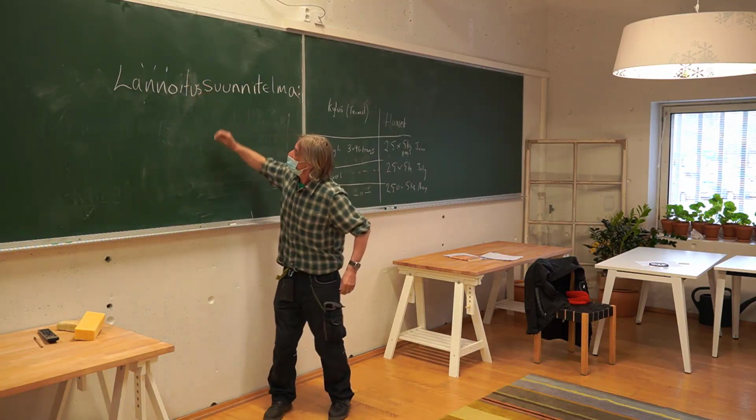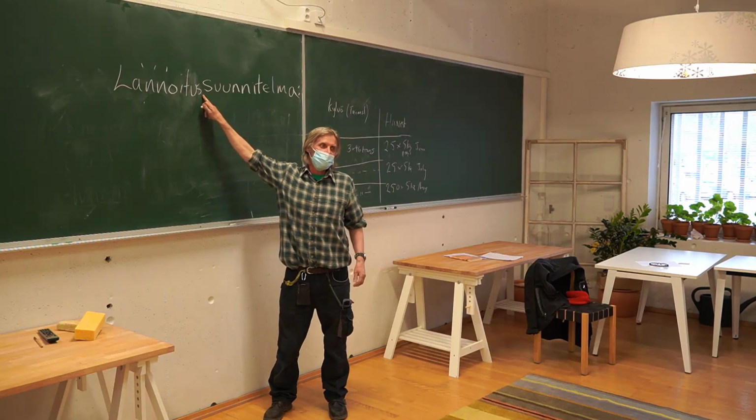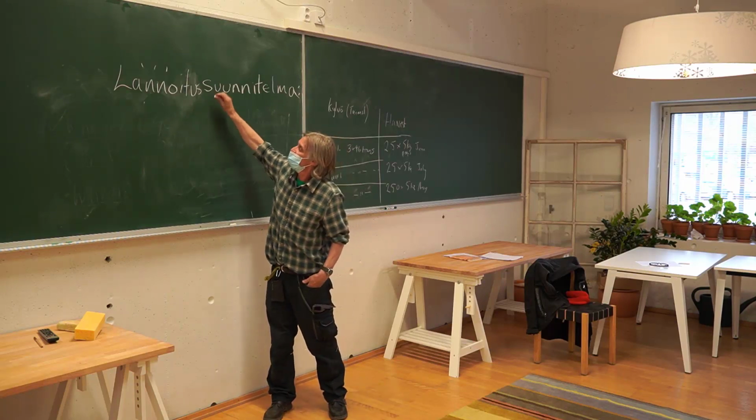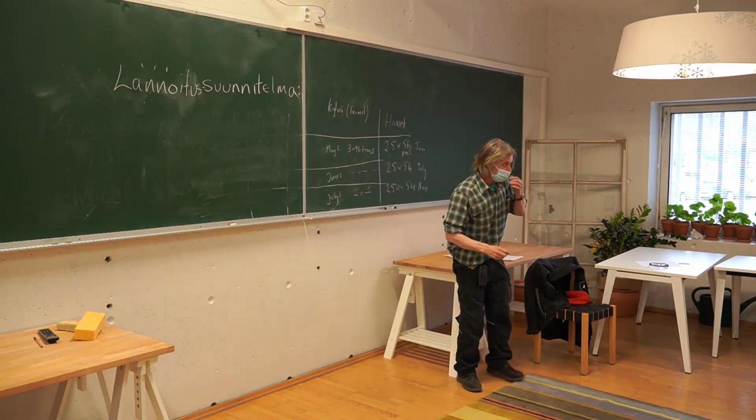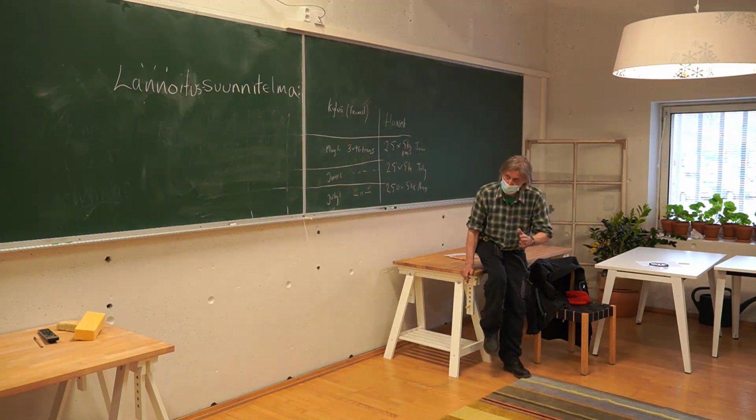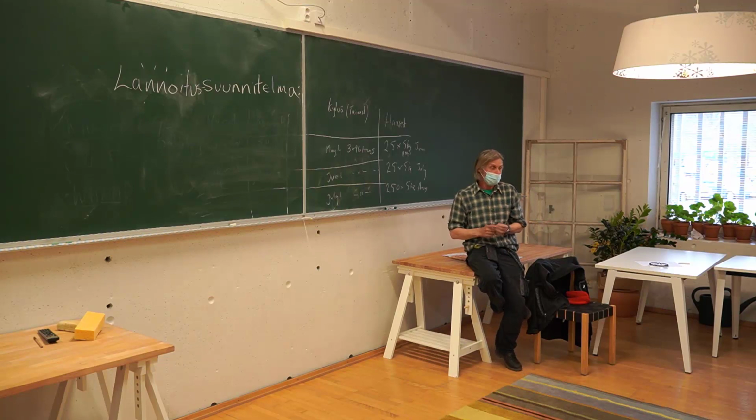Lanoitus. Is it two words, Lanoitussuunnitelma? Now this is kind of separate. We've got the Viljelysuunnitelma, and we're going to have now Lanoitussuunnitelma. Because we've chosen Luomo, we've limited ourselves now to how we're going to grow these plants.